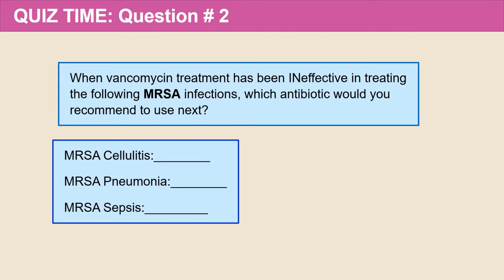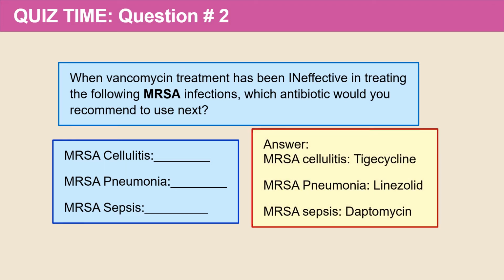Which antibiotic would you turn to next? The answer is for MRSA cellulitis, tigecycline, MRSA pneumonia, linezolid, and MRSA sepsis, daptomycin.